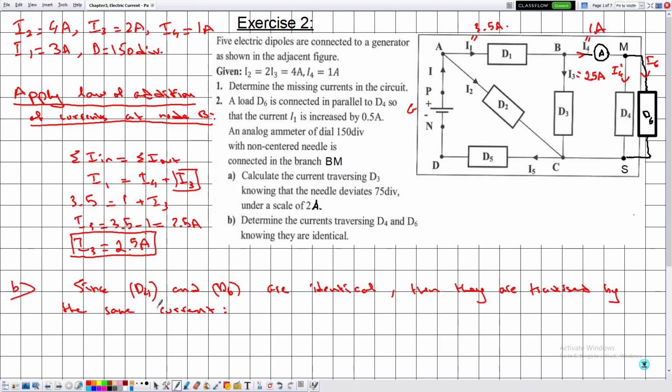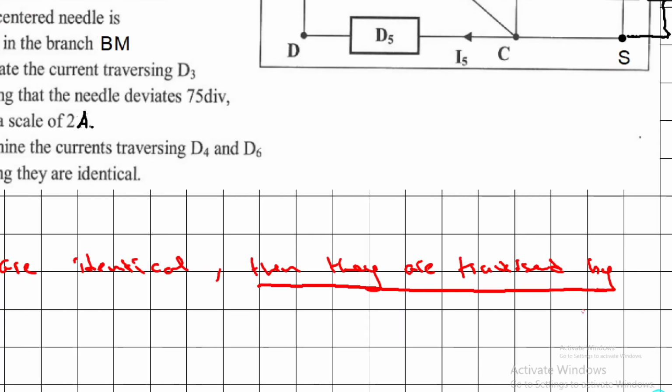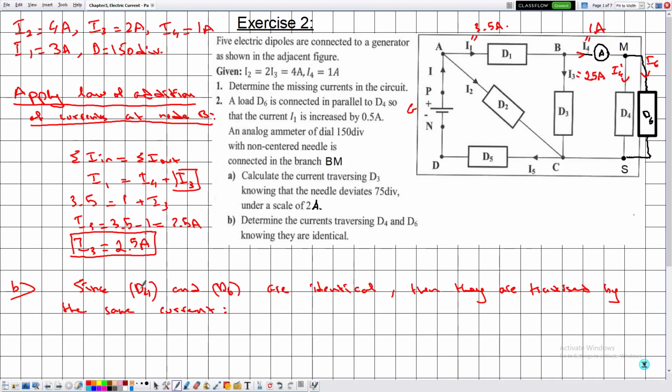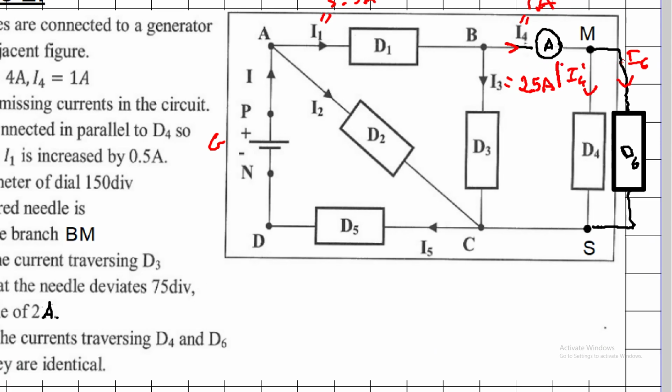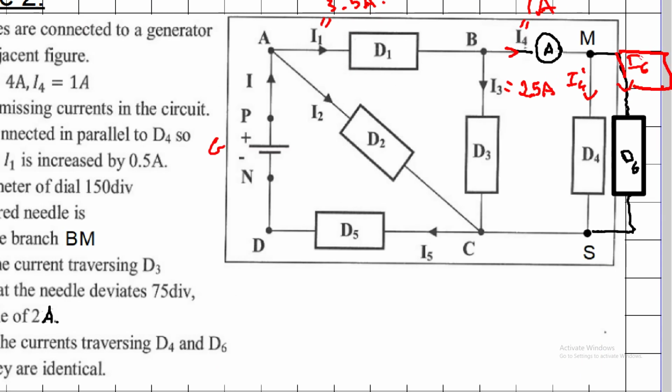Notice that now we need to translate this statement into a mathematical formulation. So they have the same current. The current traversing D4 is given by I prime 4, which is equal to the current traversing D6, which is given by I6.